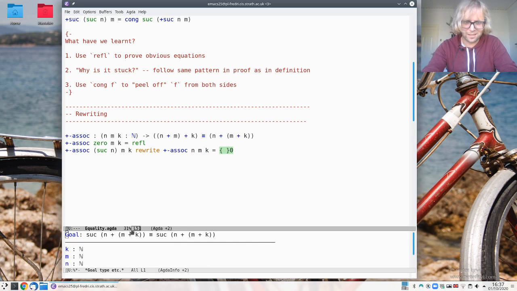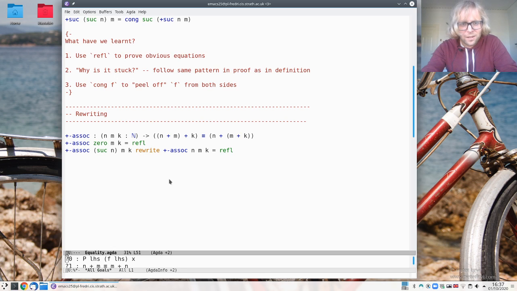See that Agda has done that rewriting for me, so now the goal has been transformed, and now it's easy to give this. This is just REFL, right? Okay, and note in particular that I can rewrite by a recursive call of the same thing. Same rules about doing recursive calls applies, no matter if you put them on the right or if you put them here on the left when you rewrite.